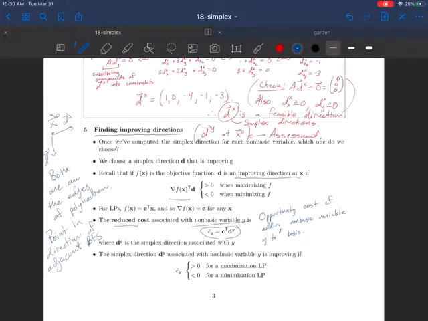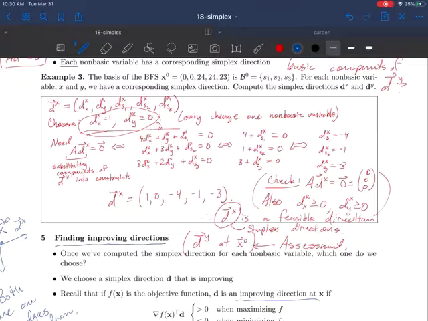Because if you think about it, moving in the direction of d super y means that you actually have to do different things to your basic variables. For example, if we look at this d super x, for every unit of x that we add, we actually reduce the basic variables by this amount.